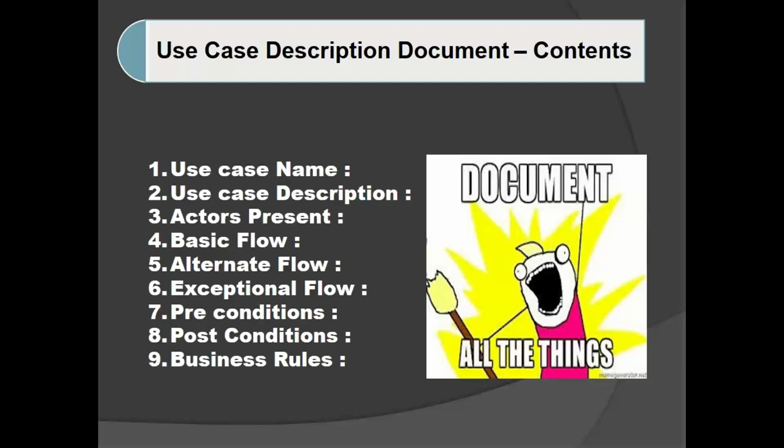You can't do more than 5 transactions in a month from a particular ATM center. That is a business rule. And you can withdraw only 20,000 daily. That is a business rule. So all these are business rules. In this way, we have to prepare the use case description document. Okay, so just go through the notes once.